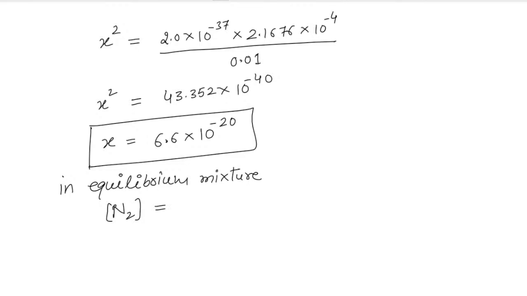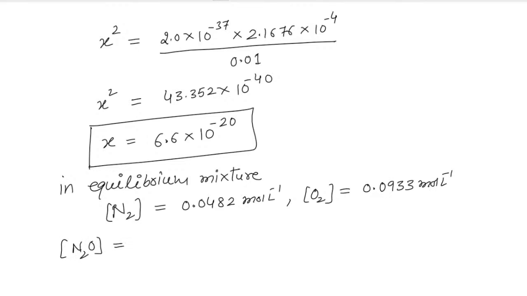Molar concentration of N2 is 0.0482 mole per liter, and molar concentration of O2 is equal to 0.0933 mole per liter, and molar concentration of N2O, that is equal to x by 10.